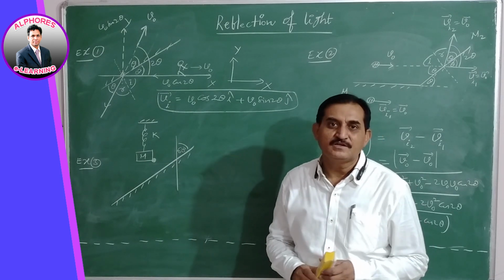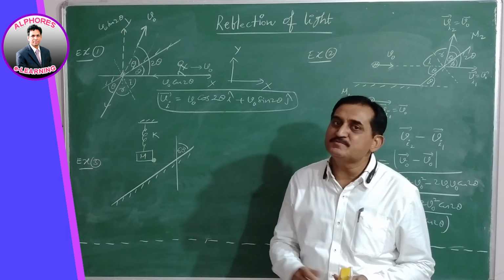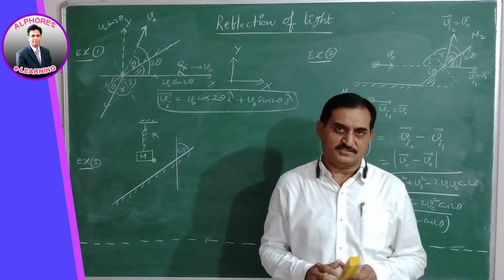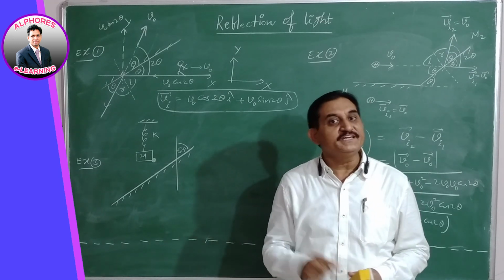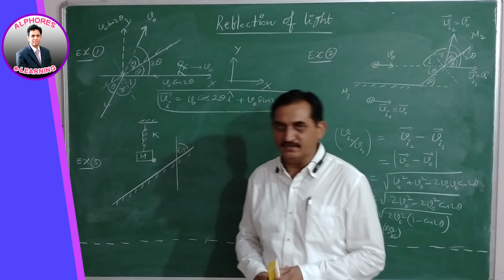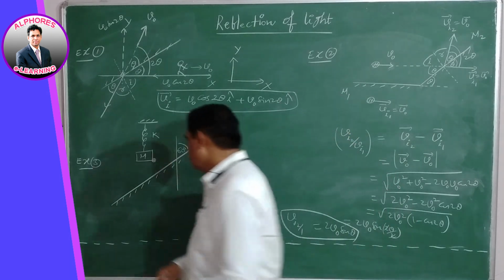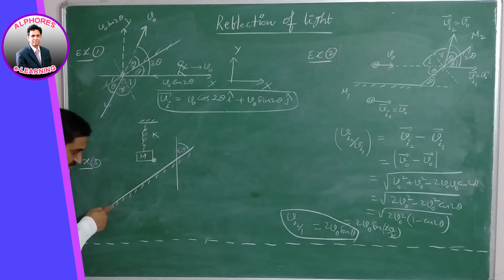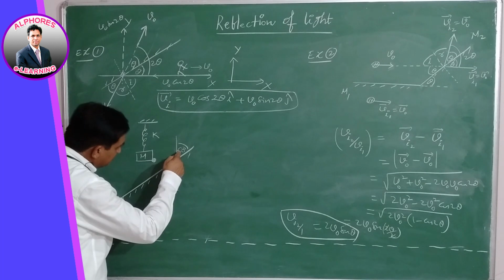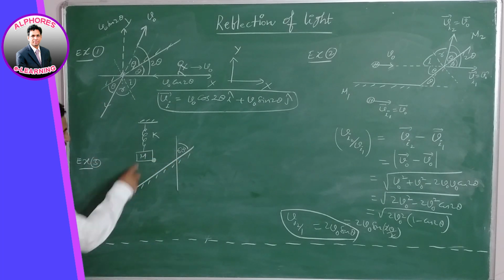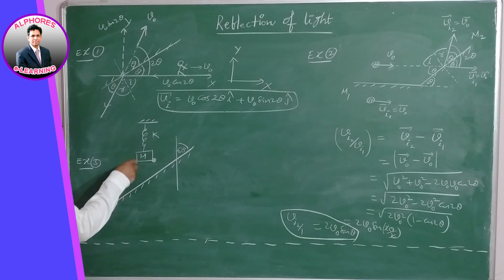Now the question is, what is the maximum speed of the insect with respect to its image formed in the plane mirror? See here, this is a plane mirror which makes an angle of 60 degrees with the vertical. Now the block is oscillating. At the mean position, its speed is maximum, Vmax.